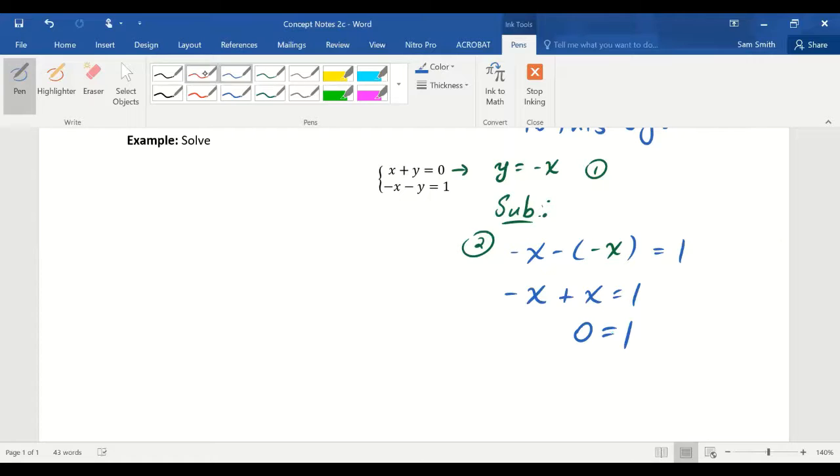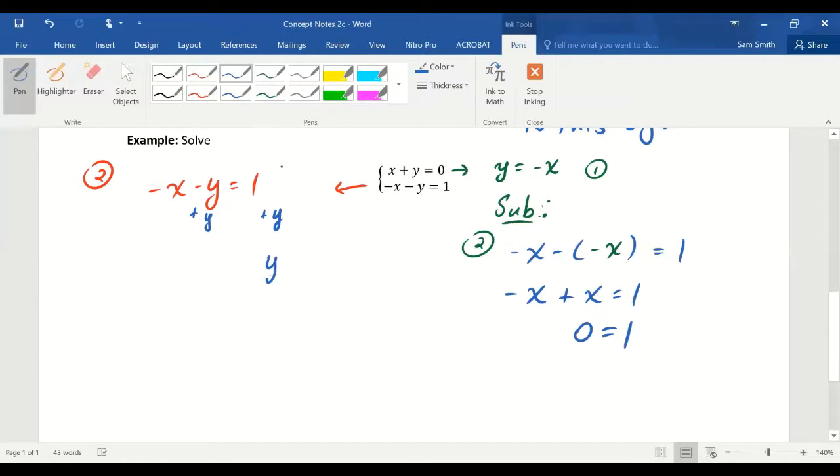Okay, I'm going to go into equation number 2, and I'm going to rewrite it so that y is isolated, kind of like what I did with equation 1. So here's equation 2. I'm just going to copy it for now. I'm going to move y over to the right-hand side by adding y to both sides.